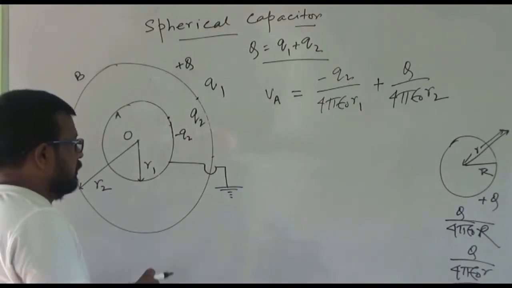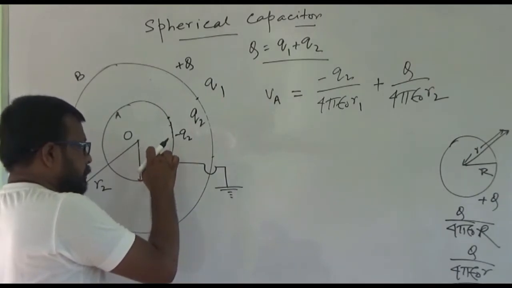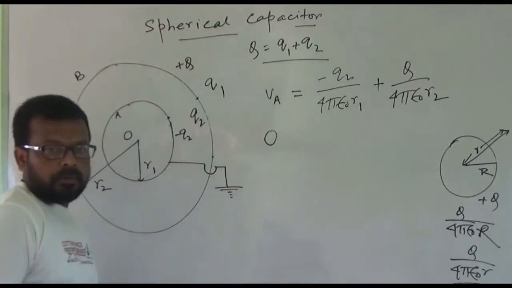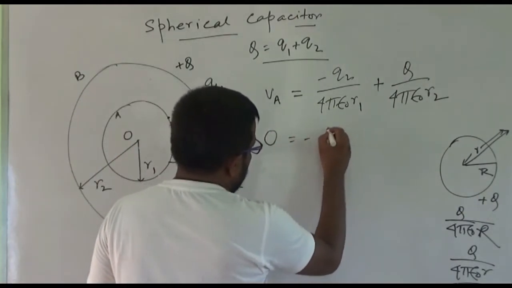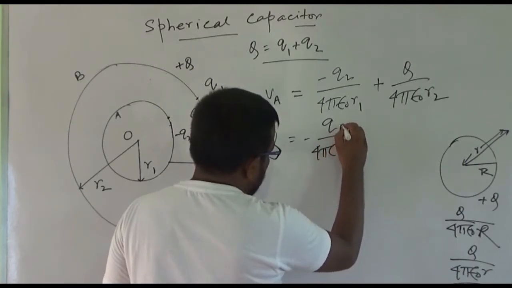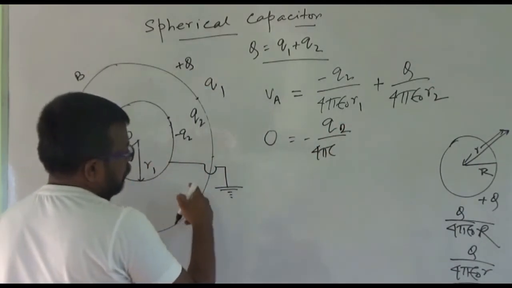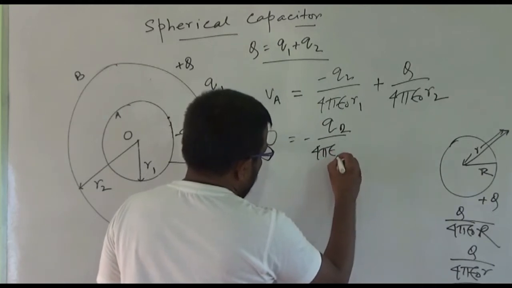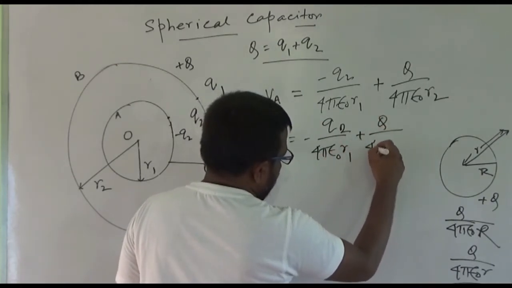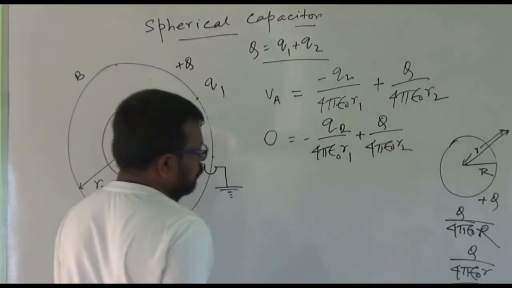But since the sphere A is grounded, its potential is 0. Therefore, 0 equals minus Q2 divided by 4 pi epsilon naught R1 plus Q divided by 4 pi epsilon naught R2.